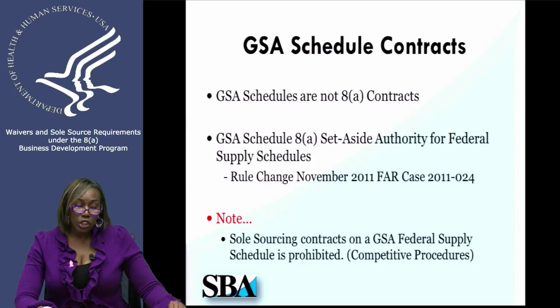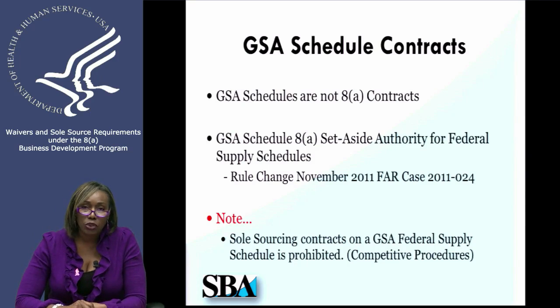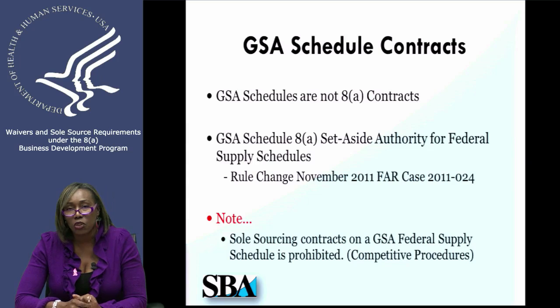The schedule contracts are a little different. With the GSA schedule contracts, we have set aside authority for those federal supply schedules. The rule changed in November 2011, FAR case 2011-024.